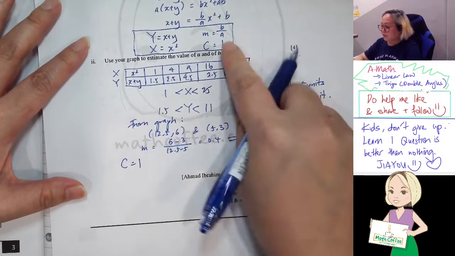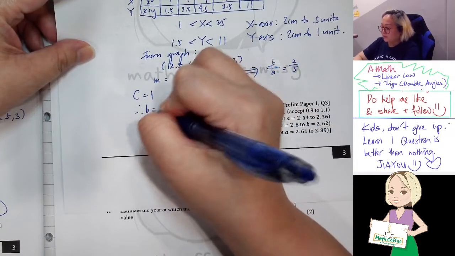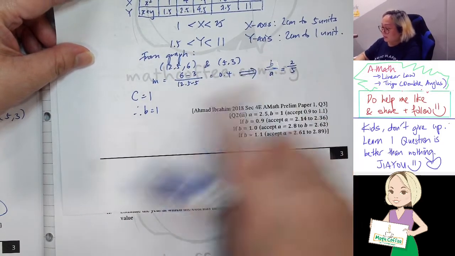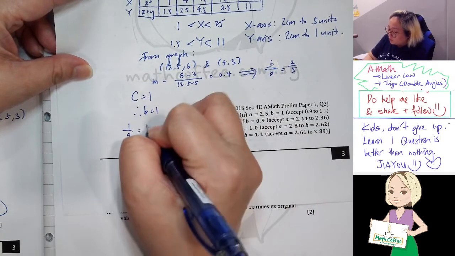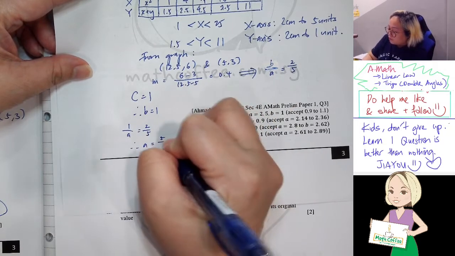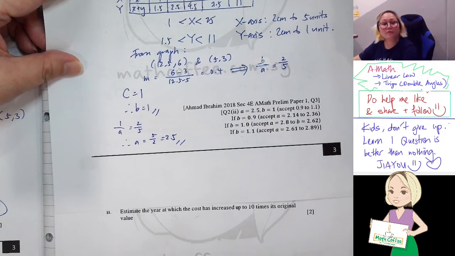And from here we can see my big C is b. Therefore my b is equal to 1 straight away. Now I can sub b equals 1 into here. Therefore 1 over a is equal to 2/5, therefore a is equal to 5 over 2, which is 2.5.